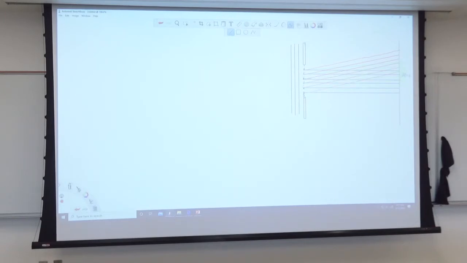Again, let's say this is 1, this is 2, that's 3, that's 4, that's 5, that's 6. So 1 pairs with 2, 3 pairs with 4, 5 pairs with 6. For this one, the pairings will have a path difference of 2 lambda over 2. Again, this will form destructive interference because the path difference is lambda over 2 times an integer.